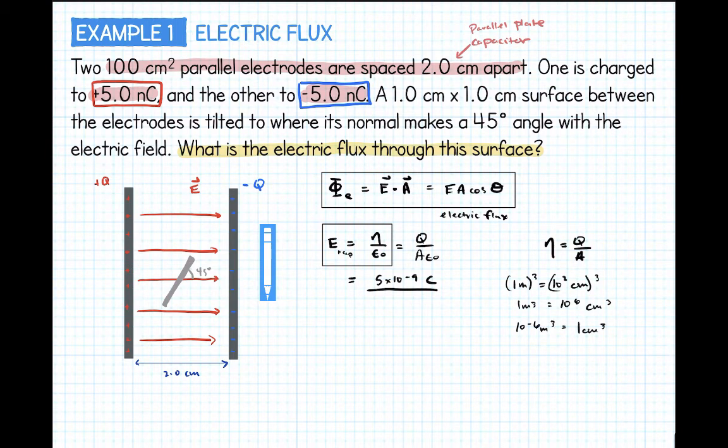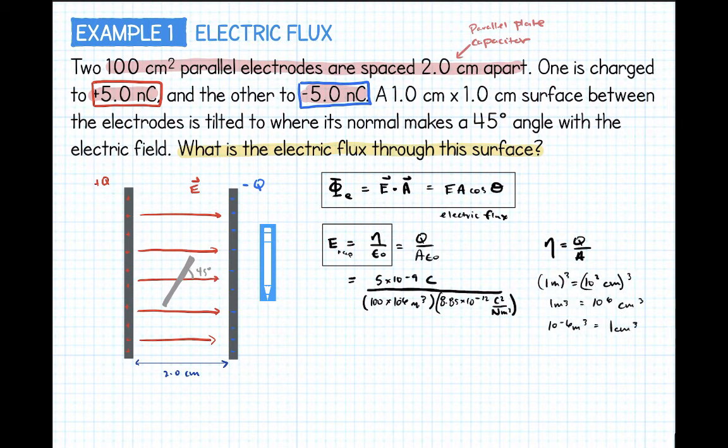So we can write 100 times 10 to the negative 4 meters squared, because we need this to be in meters squared. And then we have 8.85 times 10 to the negative 12 coulomb squared over newton meter squared. Okay, this is a side note on conversion.